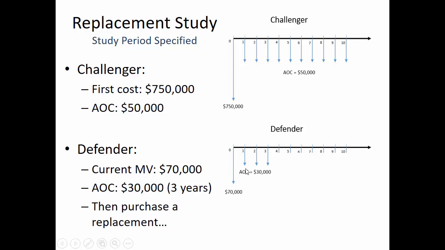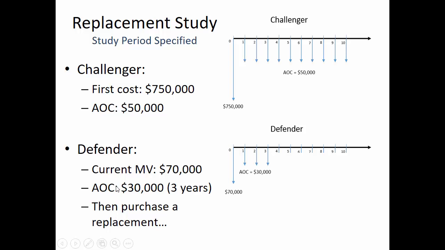You can see the annual operating costs each year is $30,000 for the Defender. The operating costs are even higher for the Challenger, but the good news about the Challenger is it lasts for 10 years instead of just 3. So if we choose the Defender alternative, we have to do something to make up the remaining years. And what it says in the problem statement is to purchase a replacement.